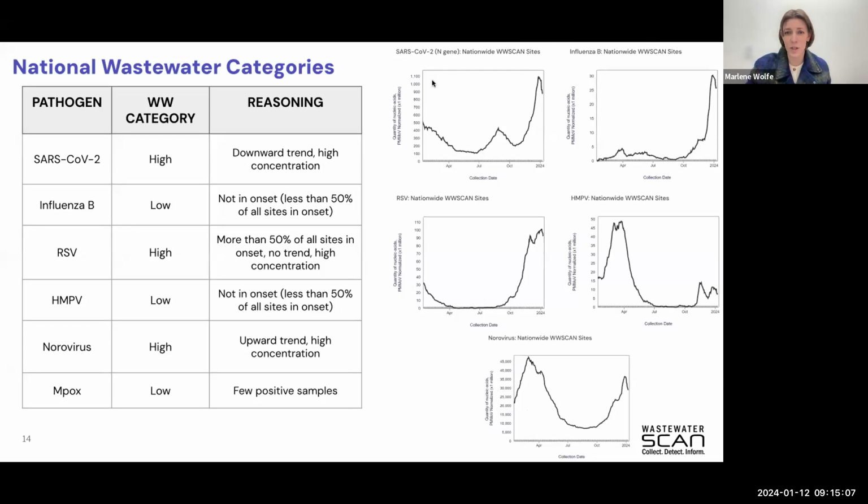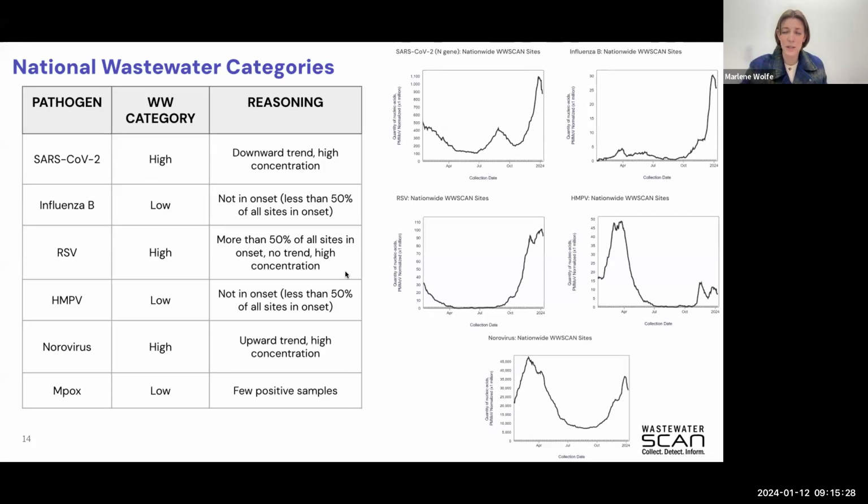So these concentrations that you see here on the top left plot, you can see there's been a little bit of a downturn recently, but that peak is higher than what we experienced last winter by a good bit. For influenza B, we're in the low category right now.